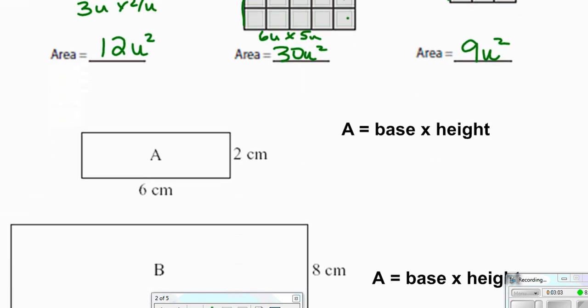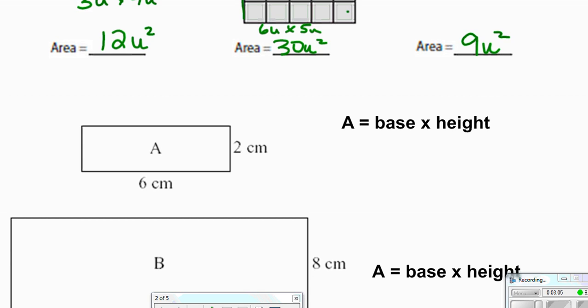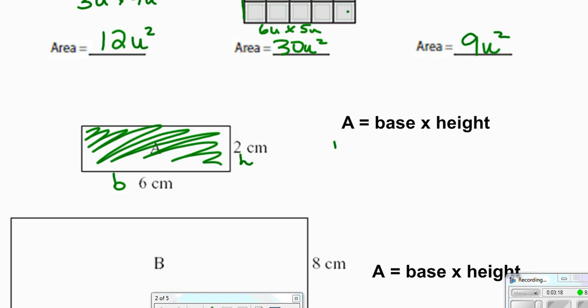And then we started saying, well, we're actually going to use a formula, and we're going to say that the area, so the amount of space that this rectangle takes up, can be found by multiplying the base and the height. So the area is 12 centimeters squared, keeping in mind that we need to include our units.